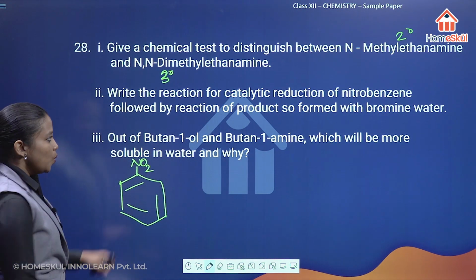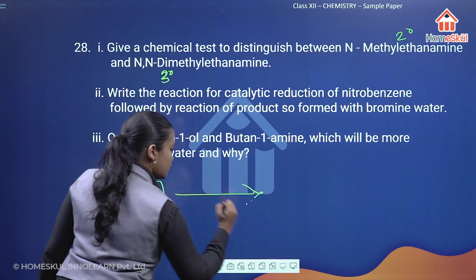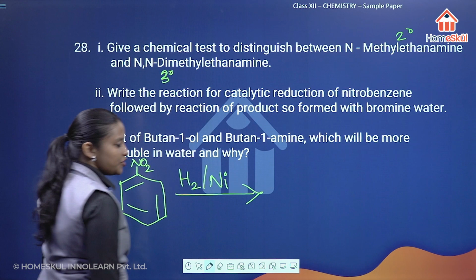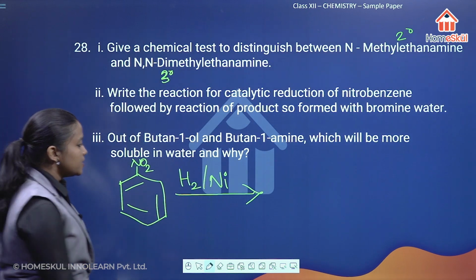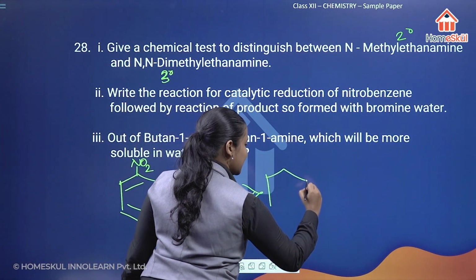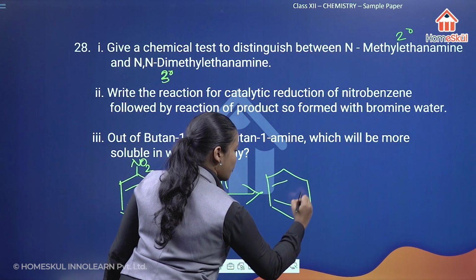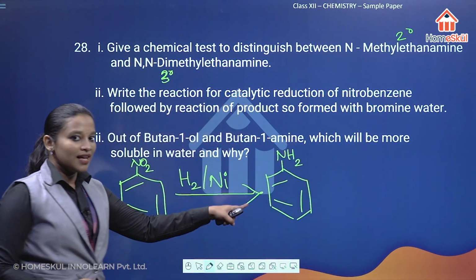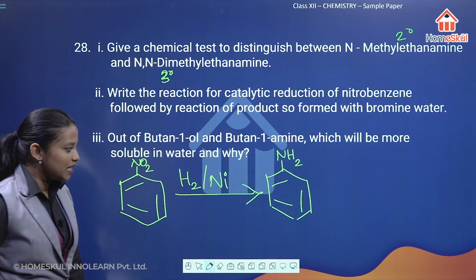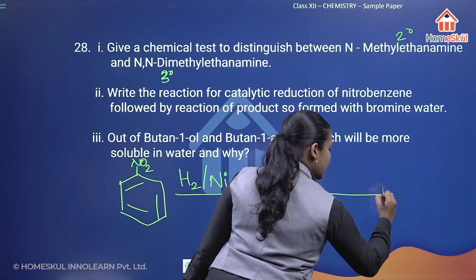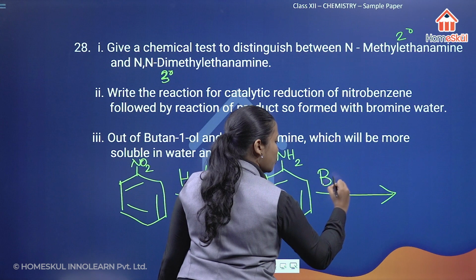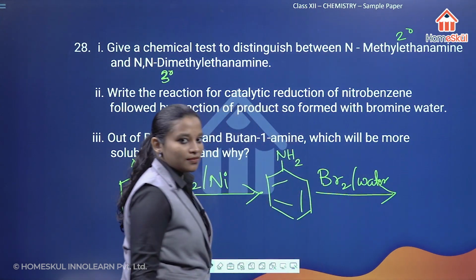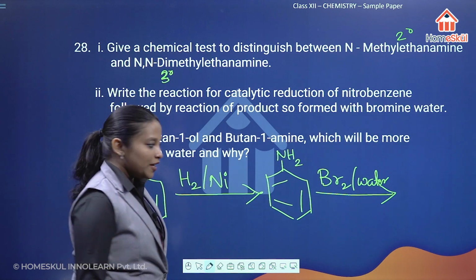Now it undergoes catalytic reduction, hydrogen with nickel. Reduction occurs. What happens here? The NO2 group is changed into NH2. Here aniline is formed, an aromatic amine. Then we have to react this with bromine and water. So, what will be the final product?